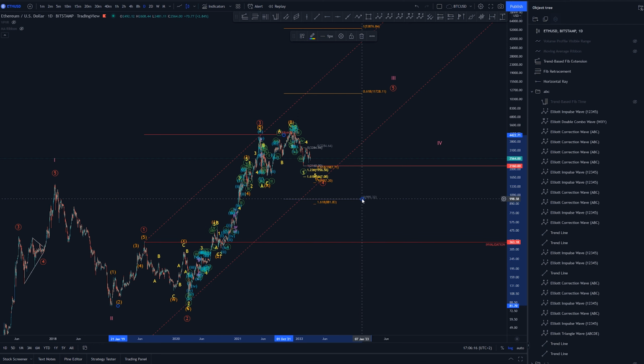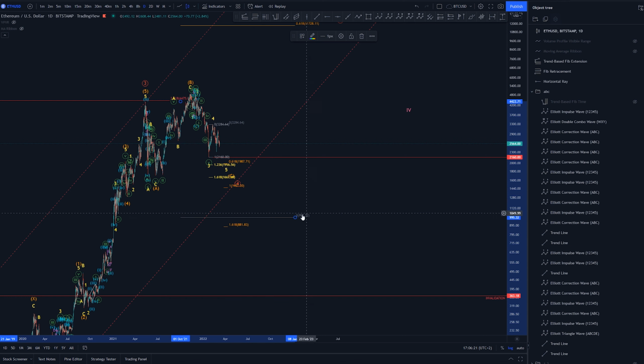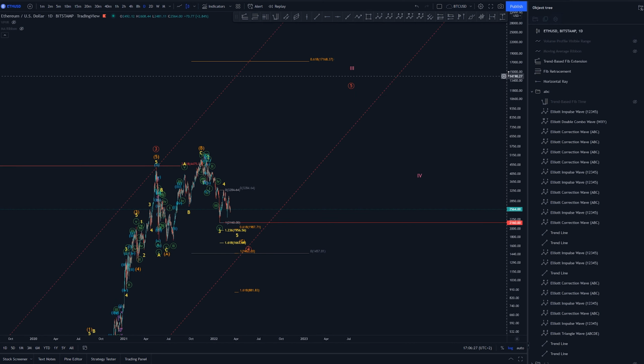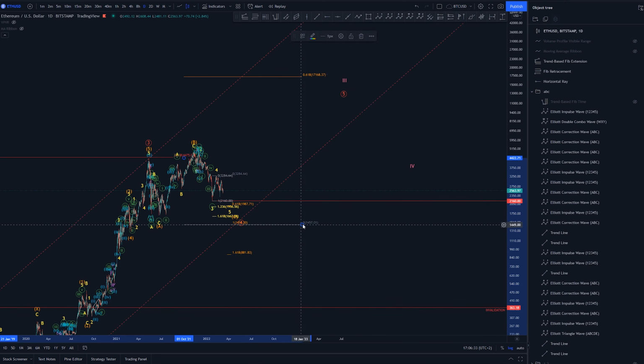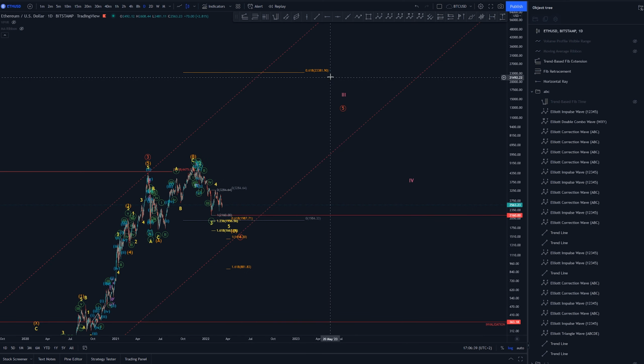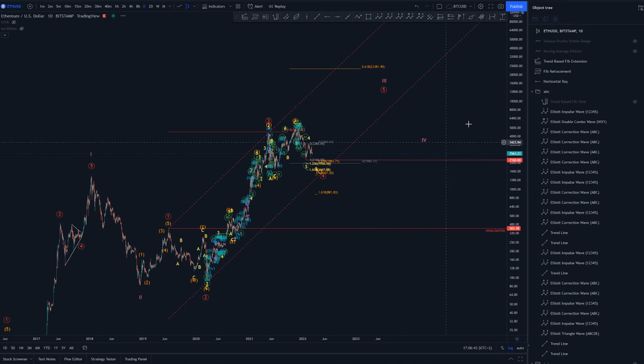If we, again, would correct up to these targets, let's even say the 1-to-1, not to get too moonboy-ish count, it would be $17,000. Now if we again correct to this 618 that I presented, we would be more than $23,000 on Ethereum.